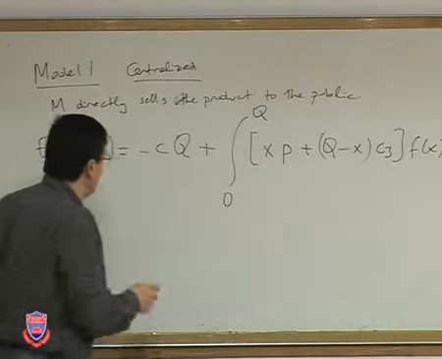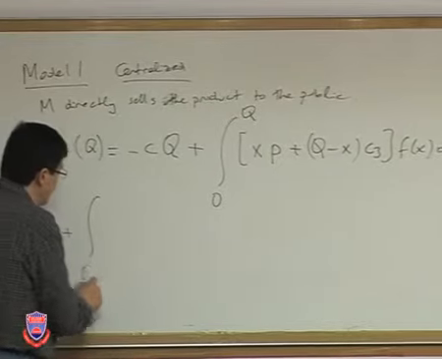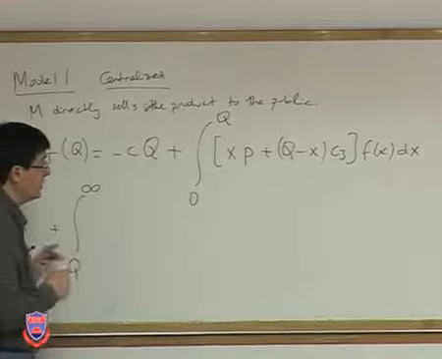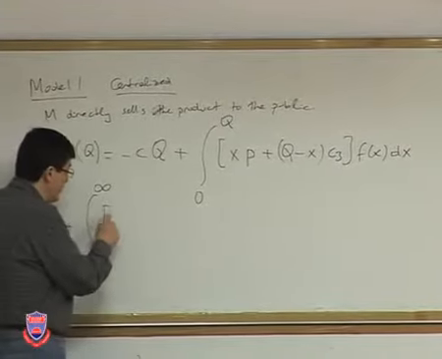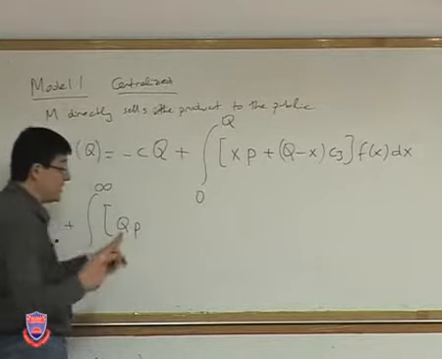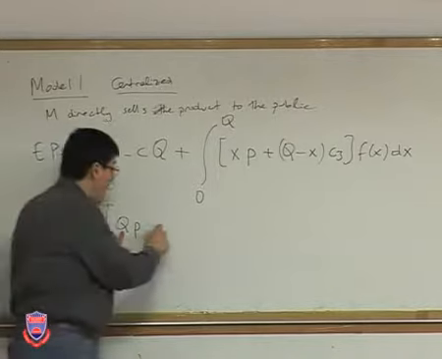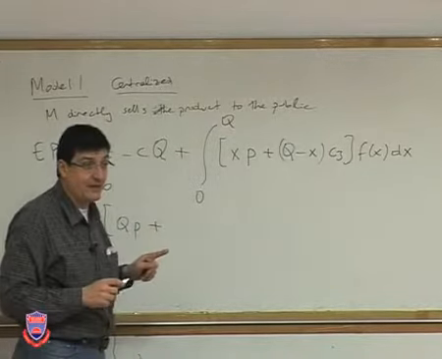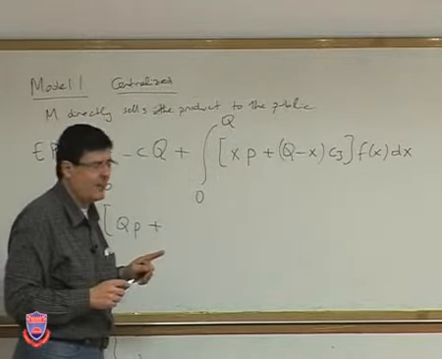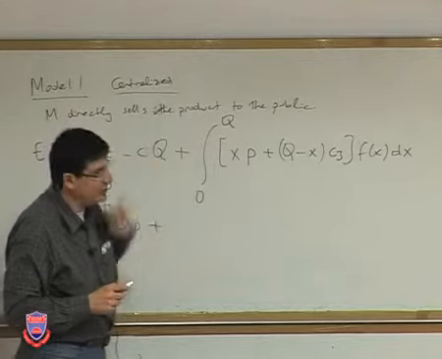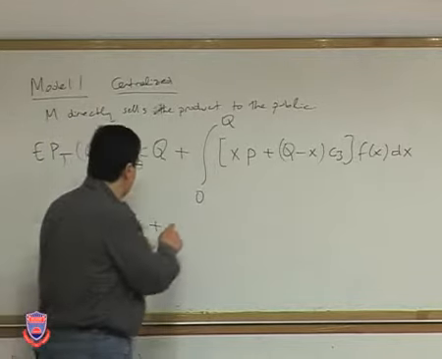Okay. Now, what happens if the demand is larger than Q? If the demand is larger than Q, you are only going to sell Q units. And then you're going to pay some kind of goodwill cost for the units that you cannot sell.